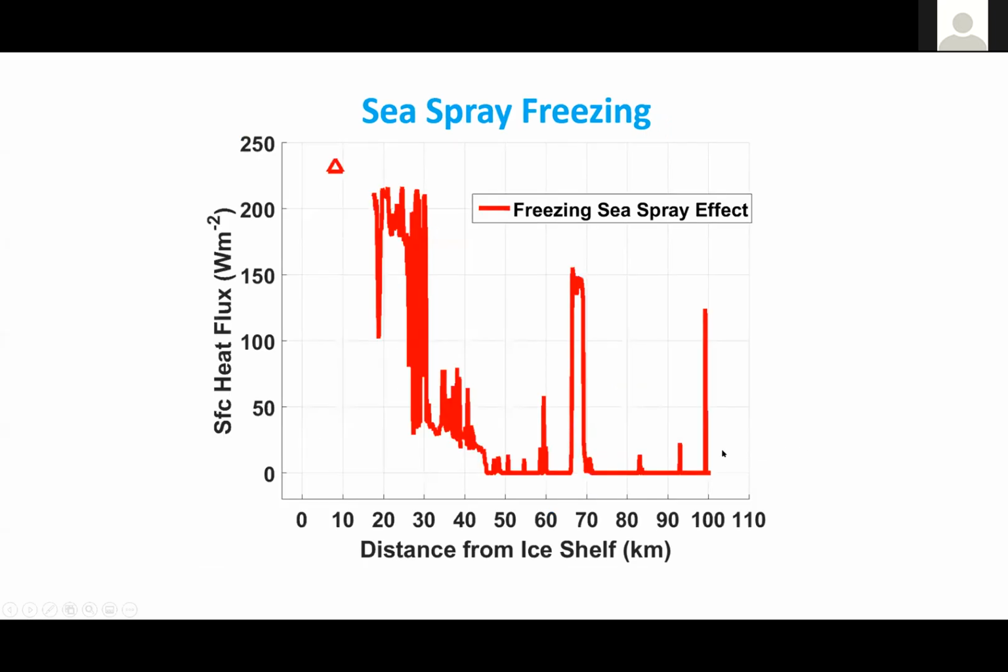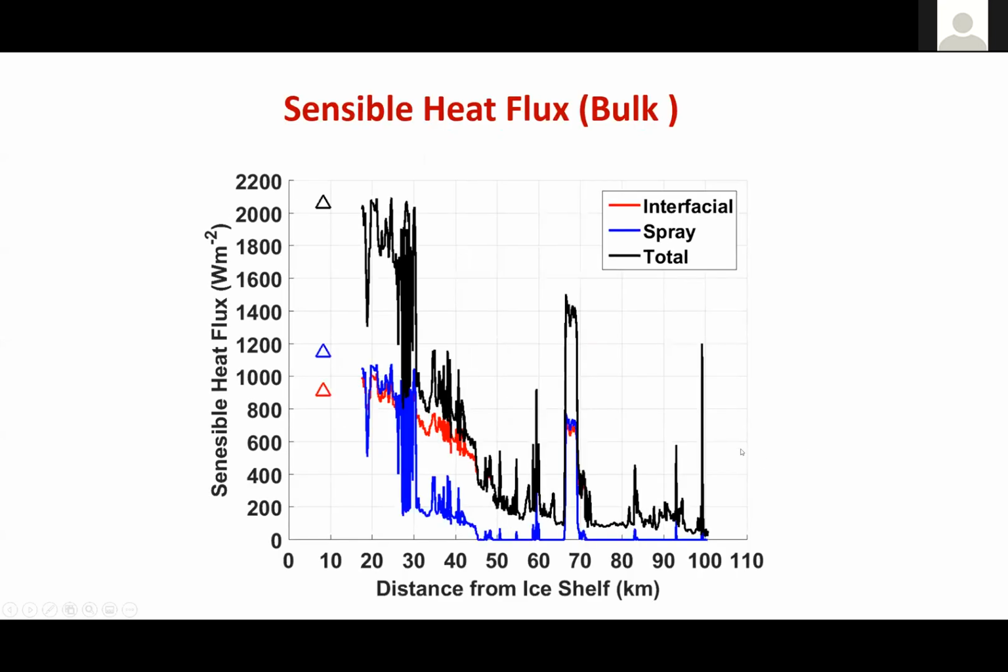So here's a calculation of the sea spray freezing effect. This is the traverse that was made down the Terra Nova Bay Polynya, and we find that there's about 200 watts per square meter from just the freezing spray effect, and it drops off as you get into the ice cover further downwind in the polynya.